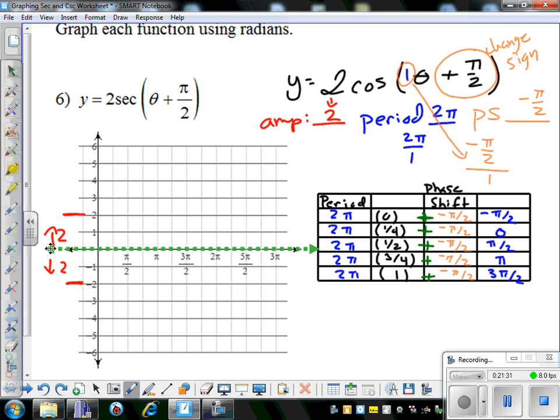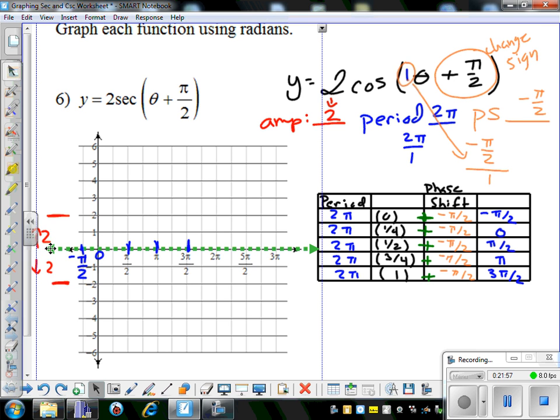Well, my first point has to be at negative pi divided by 2. My next point is at 0. The next one's at pi over 2, pi, and 3 pi over 2. So on this one, we had to make an extra point on the left side of that y-axis. So because of that, I'm going to pull back my numbers here a little bit so that we can see that point a little bit better.